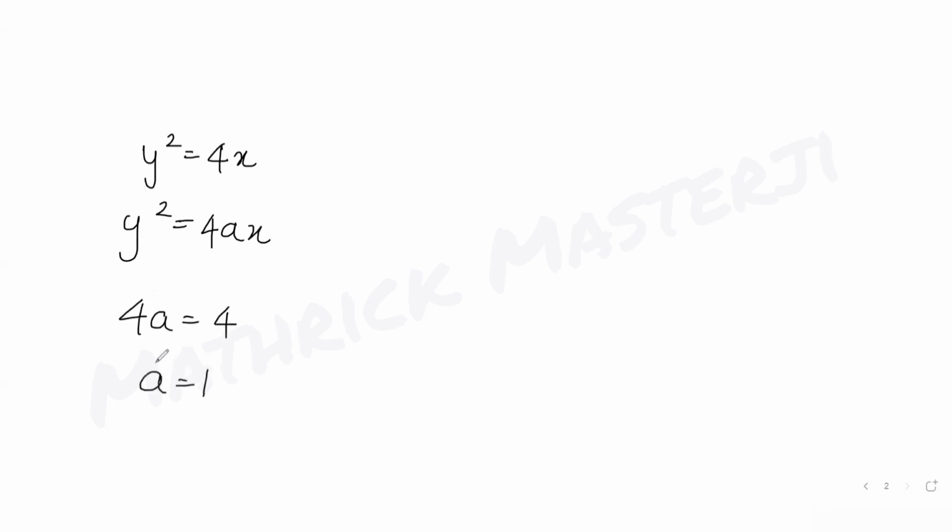So if I draw my curve first, y square is equal to 4x. If I compare with the general form of the parabola, y square equal to 4ax, I get 4a is equal to 4, and that gives me a is equal to 1. So that becomes your value of a.